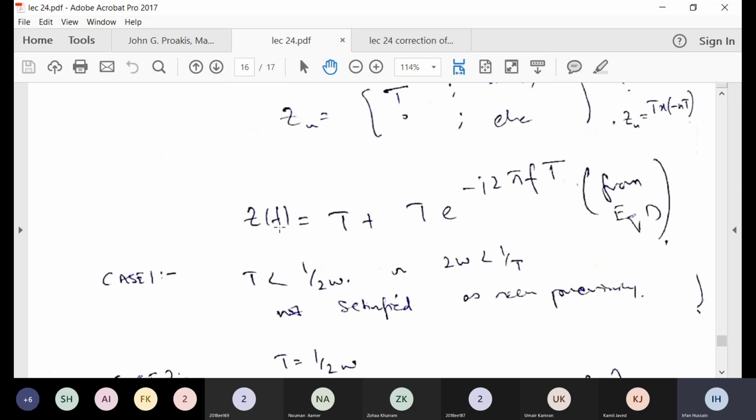Finally, it has to be with respect to the frequency domain. f dash and f doesn't make any difference. So this will be my Z of f or Z of f dash, given as follows.